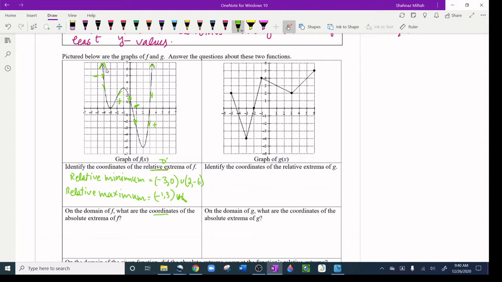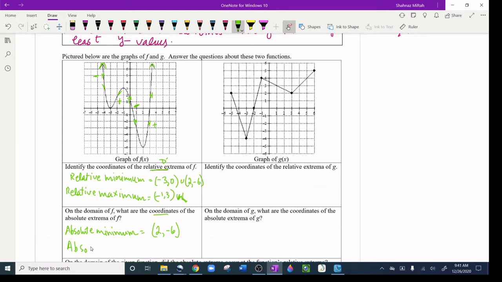But the lowest y value is -6, and the x value is 2, so (2, -6) is my lowest point. So the absolute minimum is -6. Do I have an absolute maximum? No, I don't. Because it's going towards infinity, and infinity is not a real value, we say none.